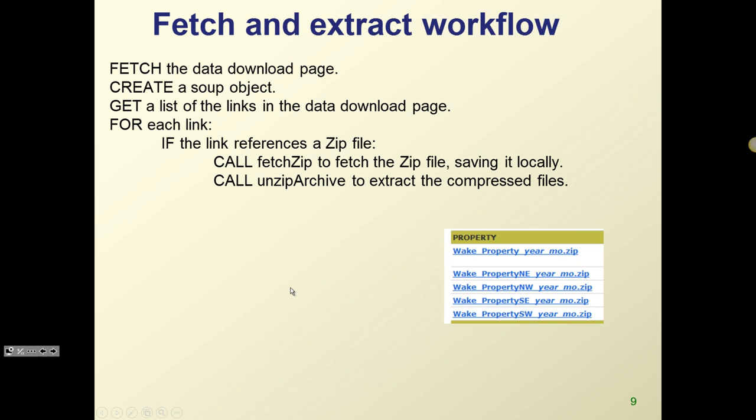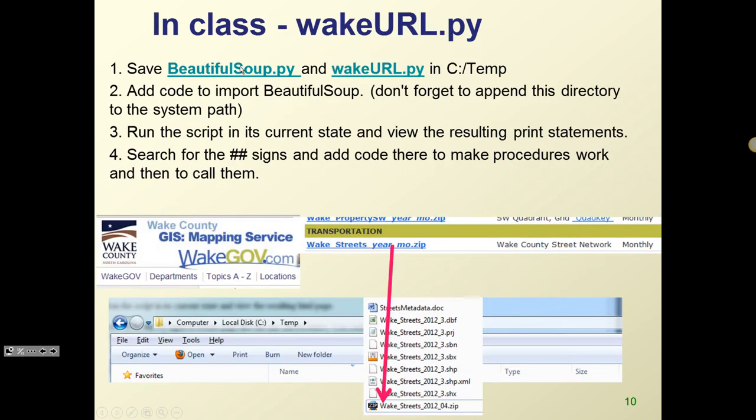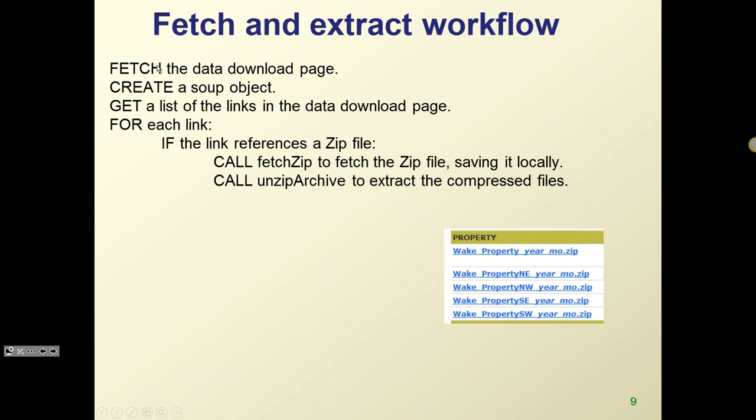This is the workflow for extracting data from a data download page that's composed of HTML. If the page has a set of zip files listed there, then you can use this workflow to extract the data. You would need to fetch the download page itself, create the soup object, and get a list of the links on the download page.